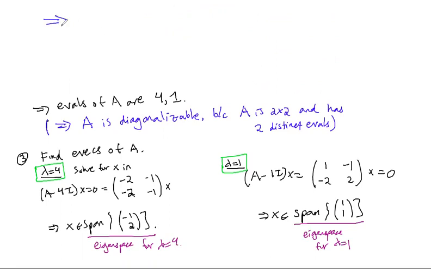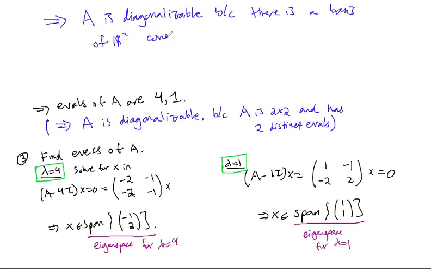So we conclude that A is diagonalizable because there is a basis of R2 consisting of eigenvectors of A. This is what it means to be diagonalizable, right? That there's a basis that consists only of eigenvectors of A.